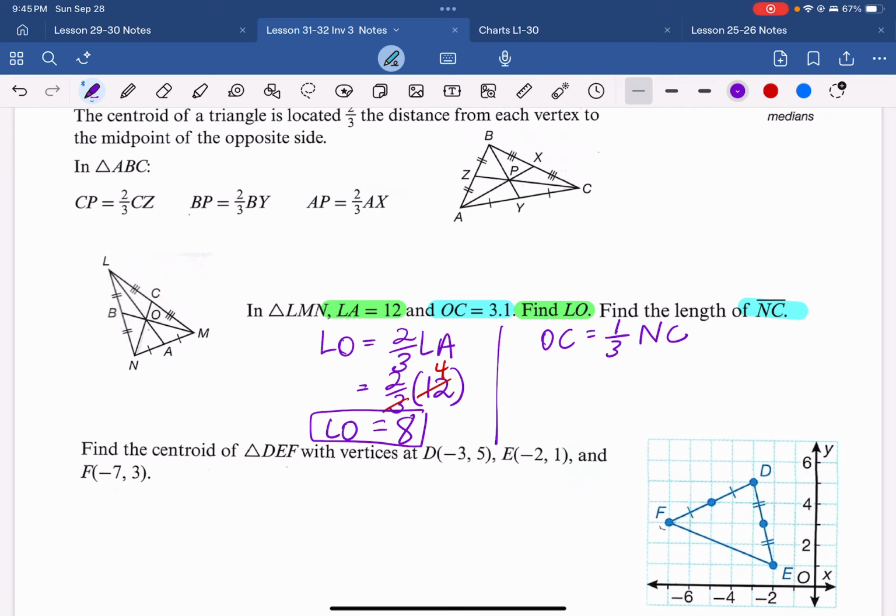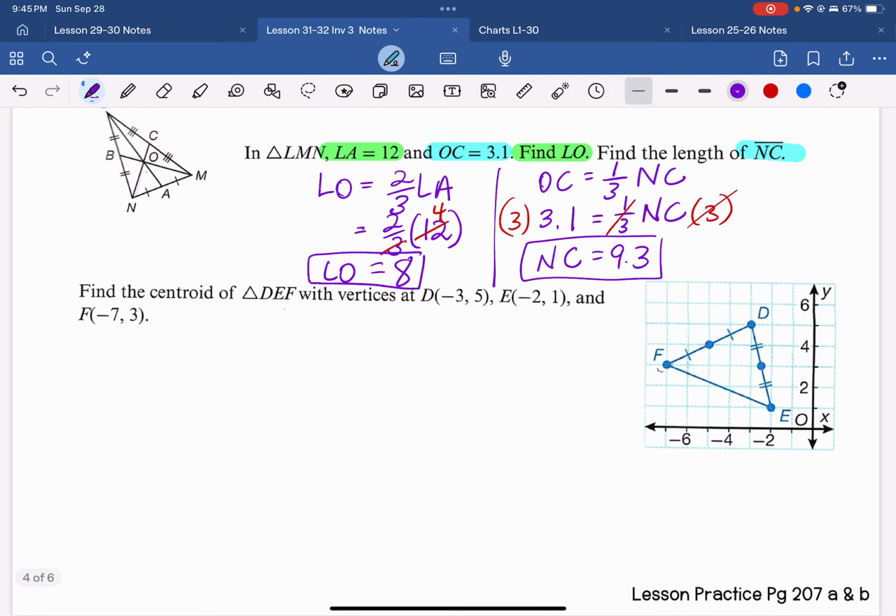And now I can substitute 3.1 in for OC. And notice how it says divide by 3, right? So I can times by 3 on both sides, so that cancels. Times 3 over here. And then we find that NC is equal to 9.3.